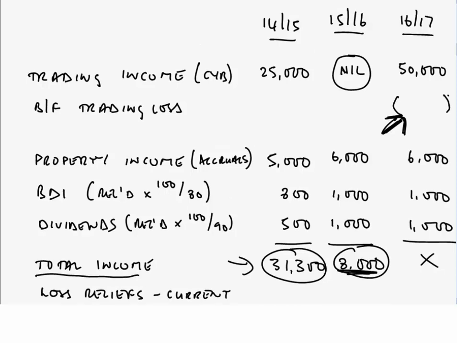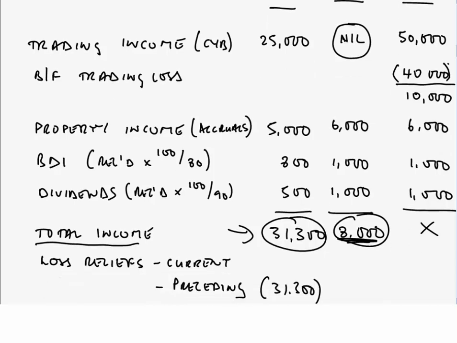If we carried forward all of the loss, then in here we'd have the entire £40,000 loss being deducted. Now that trading income next year was big enough to absorb the entirety of the £40,000 loss. That therefore would have reduced the trading income down to £10,000.